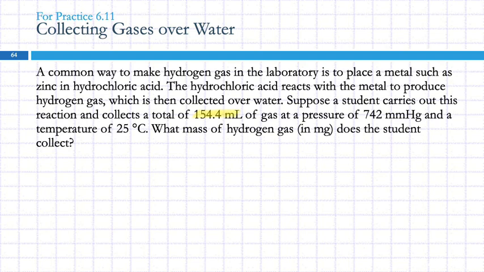So we have a volume, a pressure, and a temperature. And we're looking for hydrogen in milligrams. So like the previous problem, we can use the ideal gas law to calculate the moles of hydrogen and then use the molar mass to go to grams.